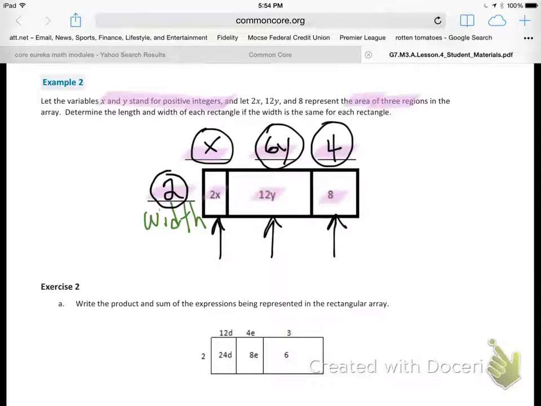So 2x divided by 2, of course, gives me x. 12y divided by 2 gives me 6y, and then 8 divided by 2 gives me 4. So the way this would look, if we were to put that together, would look like this.